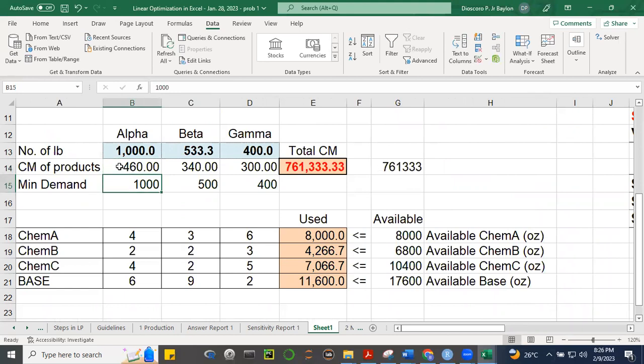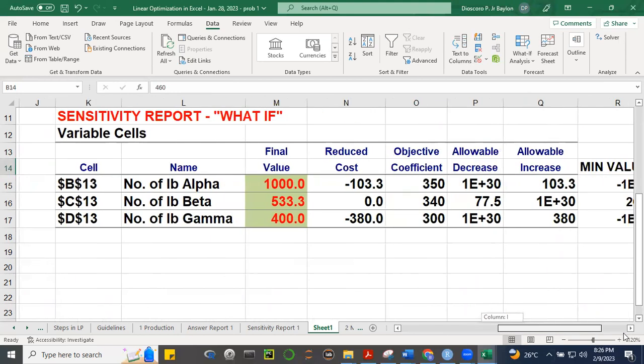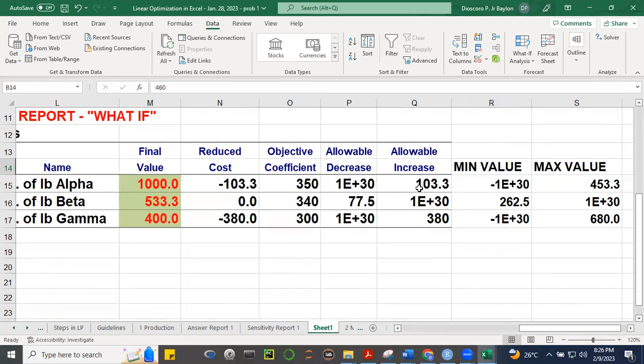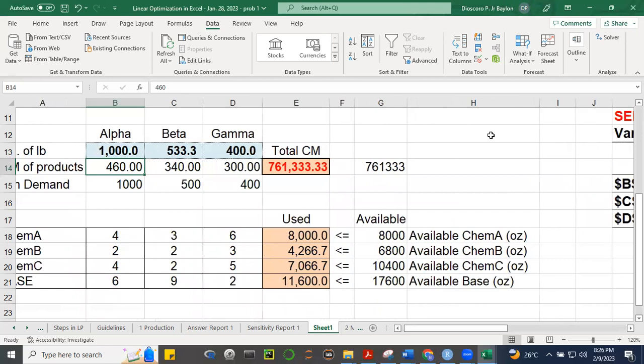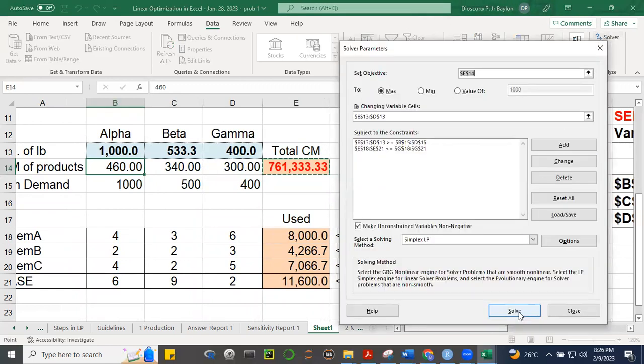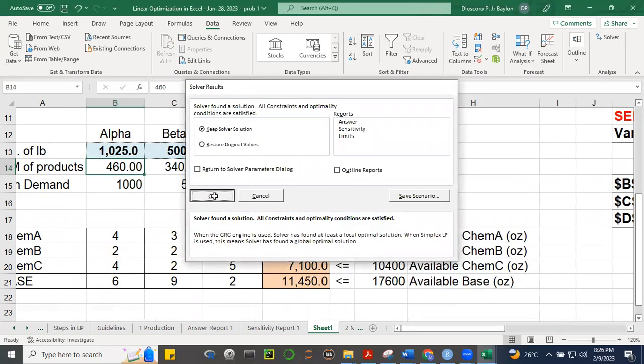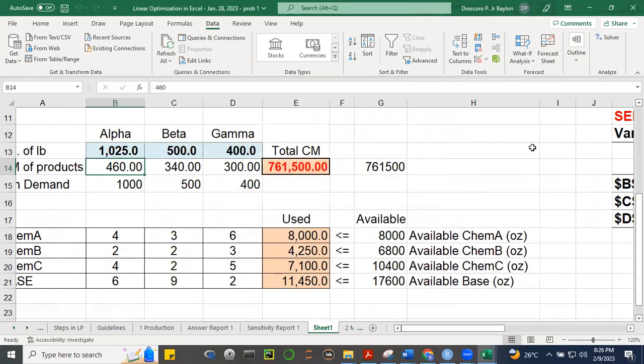So, lampas na siya ng maximum allowable increase natin dito, no? Lumampas siya, 460. What will now happen to our optimal solution? Solver natin, solve. Okay, tingnan nyo, no? Nagbago na yung optimal solution. Okay? Ang iproproduce natin ng alpha, 1025.